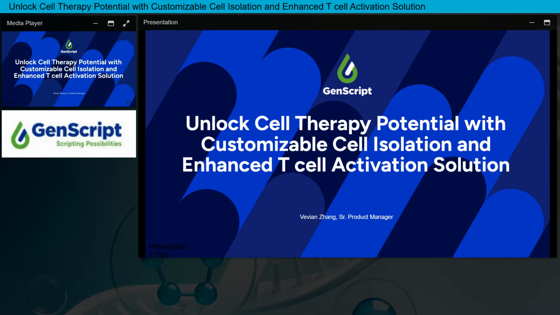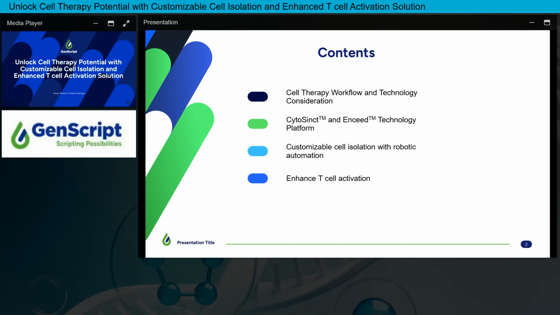It's my pleasure today to introduce to you our capabilities and solutions for cell isolation and activation to advance your cell therapy discovery and development. Quickly, for the contents today, we're going to have an overview of the cell therapy workflow and the technology considerations. And then I'll follow up with the technology platform we have developed at GenScript for cell isolation and T-cell activation using magnetic beads technologies.